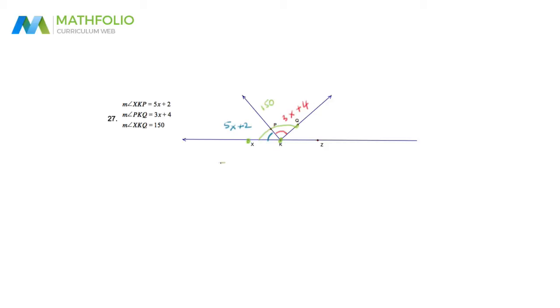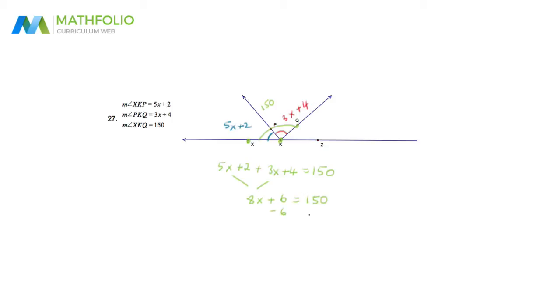So let's put this together. We've got 5x plus 2, which is this, plus the 3x plus 4, and that equals them combined, so 150. So 5x and 3x gives us 8x, 2 plus 4 is 6, equals 150.